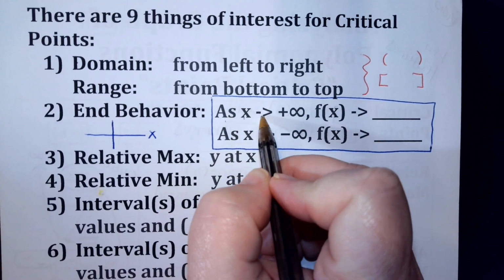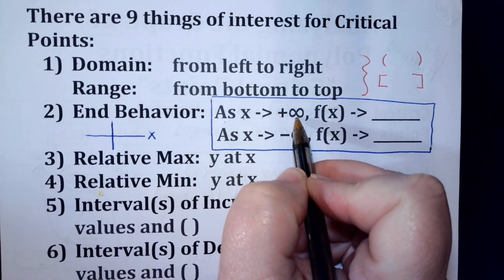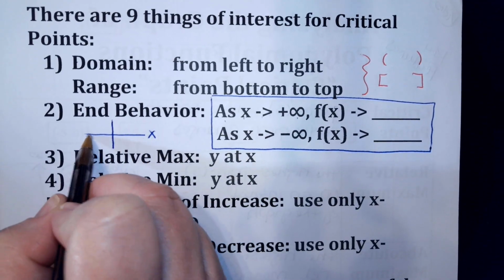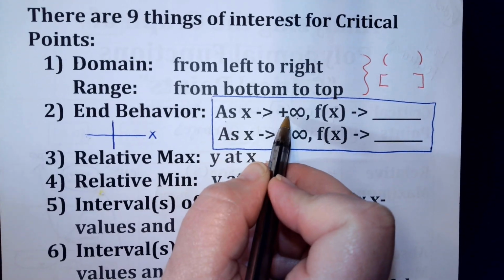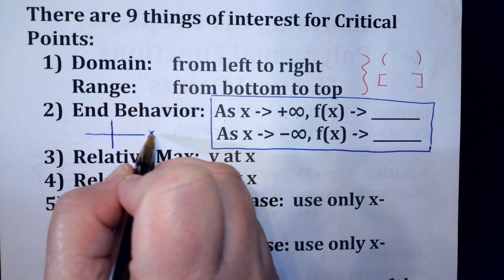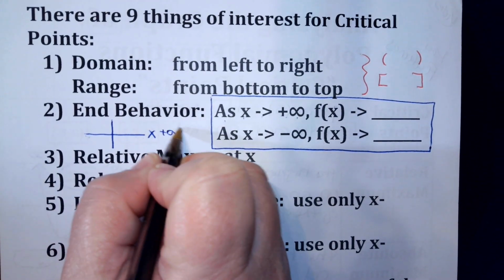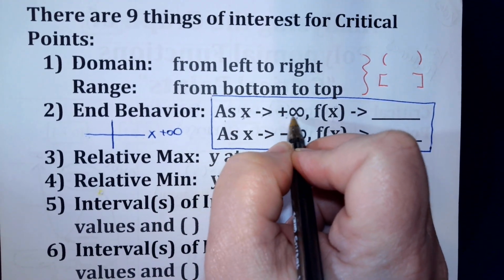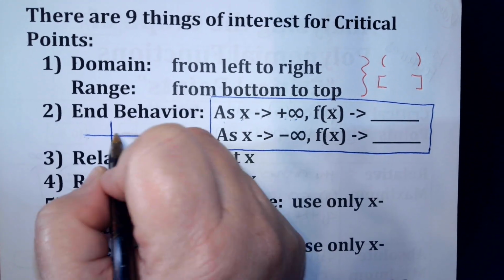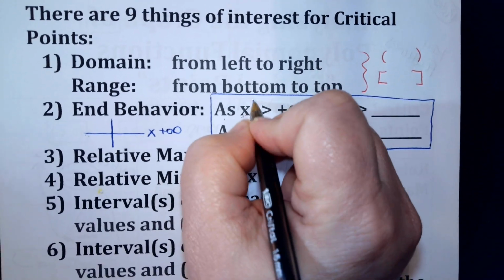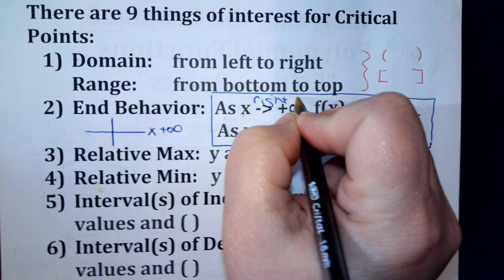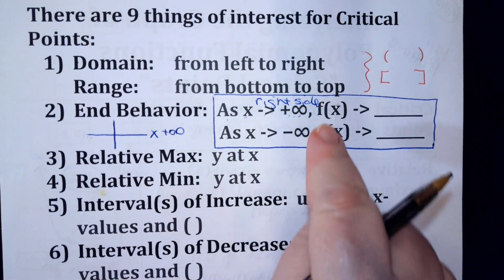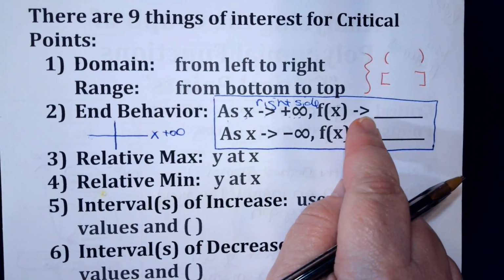As x approaches positive infinity, what side of the graph is x going to be going to positive infinity? Well, that's going to be the right side of the graph. So this right here is just saying, hey, on the right side of the graph, because we're talking about the right side where x is going to positive infinity. So this is simply a fancy way of saying, hey, on the right side, what is f of x approaching?